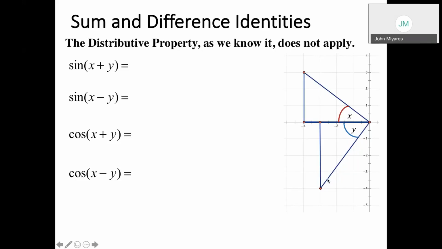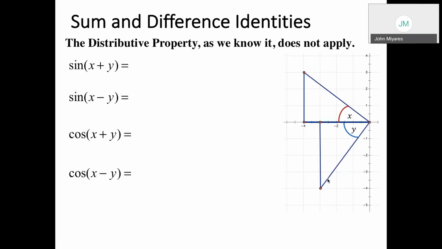If I were to add those two measures together, something slightly bigger than 135 degrees and something slightly bigger than 225 degrees, the angle we'll end up with is something slightly bigger than 360 degrees, which will end up in quadrant 1.